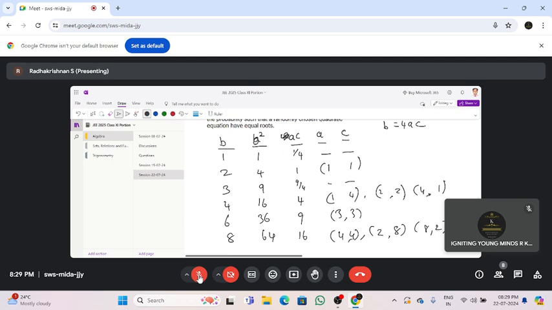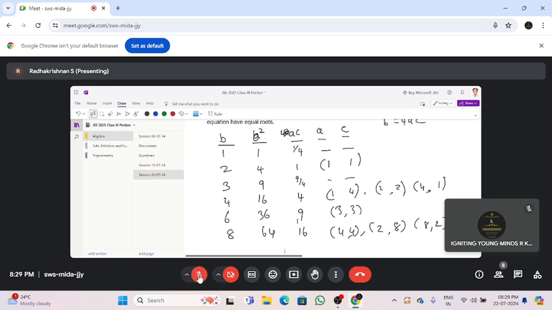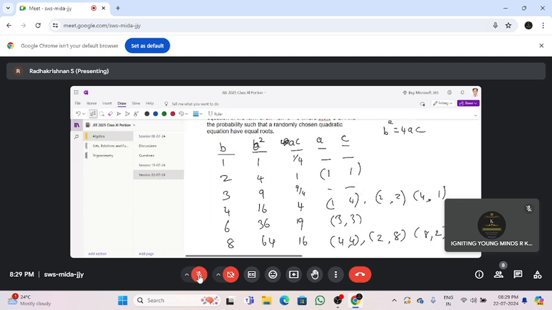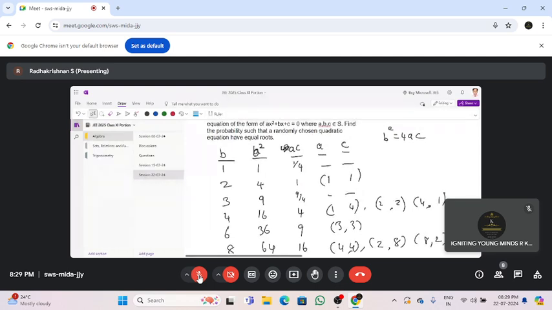So that's all. You can simply count it off. So there are 8 possible combinations which satisfy this condition that the quadratic equation has equal roots.